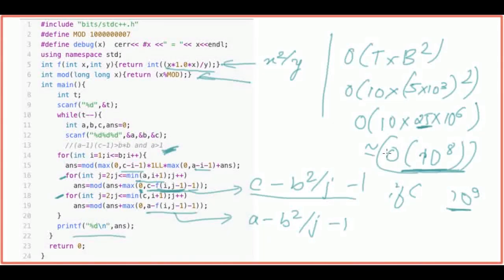Even I got extra TLEs. So you should keep your code concise with fewer steps. Otherwise, even with this logic, because it is order of 10 into b square, it won't pass the other cases. So keep that in mind: keep your code clean, with fewer computations, so that it does not take much of your time.